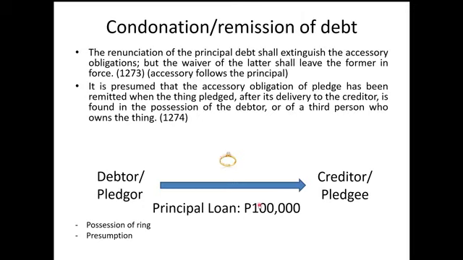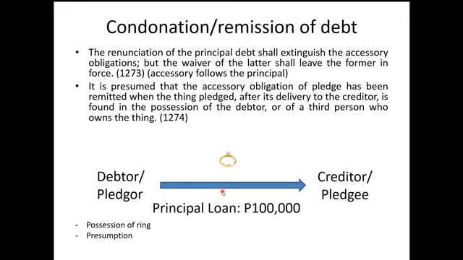Question. Okay, paano kung nagkaroon ng stipulation between debtor, creditor, pledgor, pledgee na even yung sing-sing ay hawak na nito, okay, or ni-return niya rito, existing pa rin yung pledge. Ang question, is the stipulation valid? The answer is no. Void siya. Kasi pag binasa mo yung law on pledge, di ba, ang sabi ng batas, ang dapat may hawak ng object ng pledge must be creditor, pledgee, or third person by common agreement.